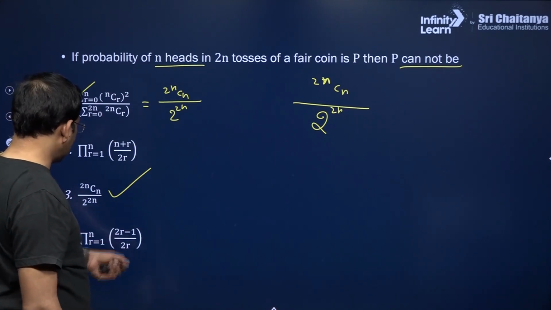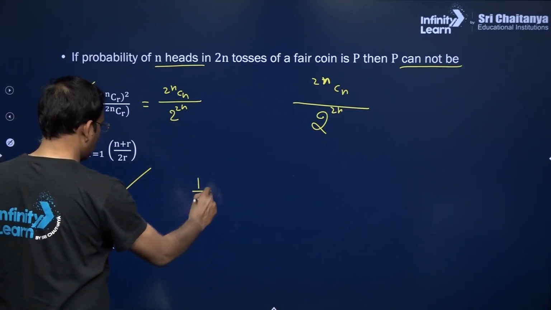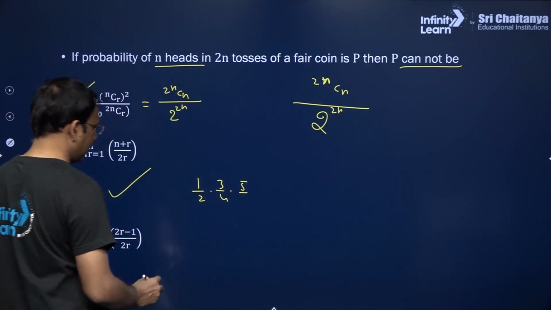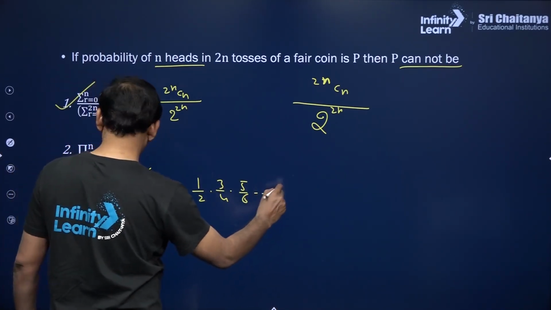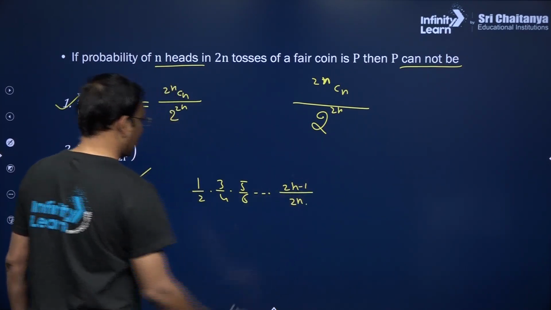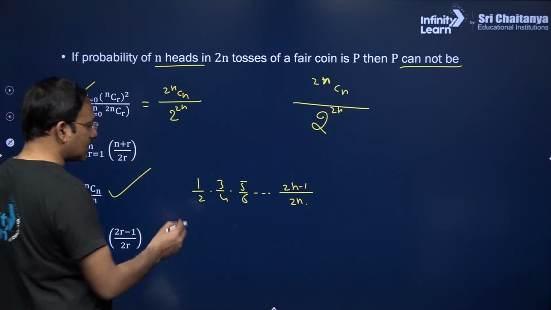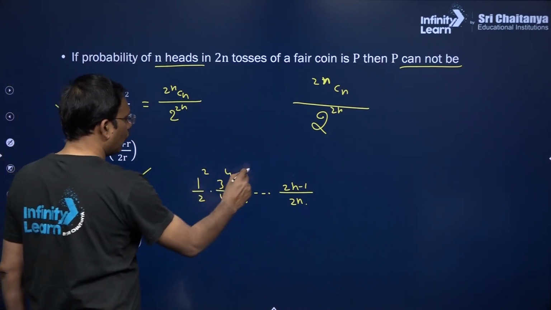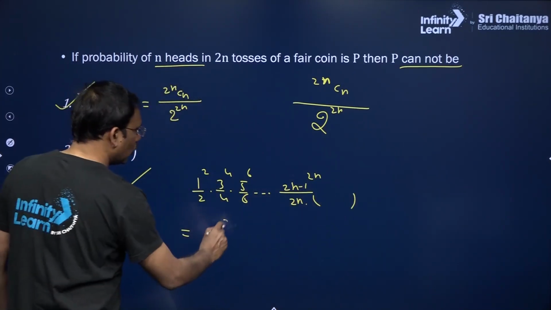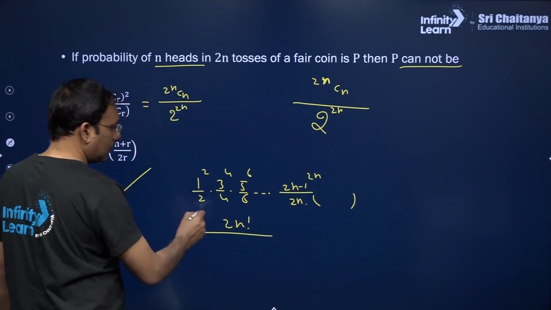Now, my dear friends, what is the meaning of this? 1 by 2 into 3 by 4 into 5 by 6 and so on up to (2n minus 1) by 2n, my dear friends. You just supply 2, 4, 6 and so on up to 2n in the numerator and denominator. Numerator becomes 2n factorial.